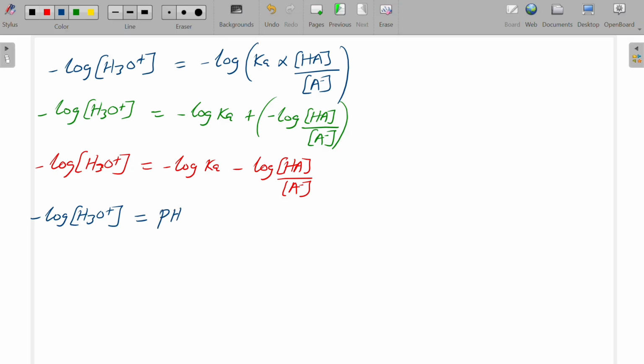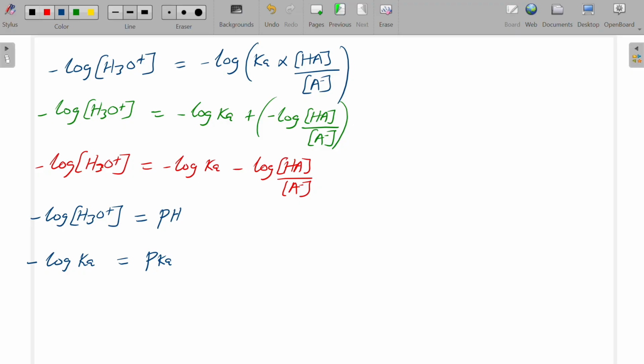We can find pH by getting the negative log of the hydronium ion concentration. We also remember that negative log of Ka is equal to pKa. Yes, we can get pKa by just taking the negative log of the Ka value. So this is what we have there.